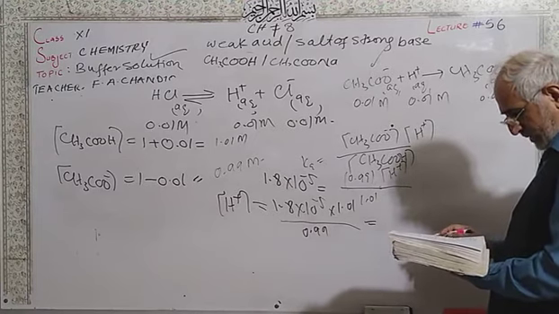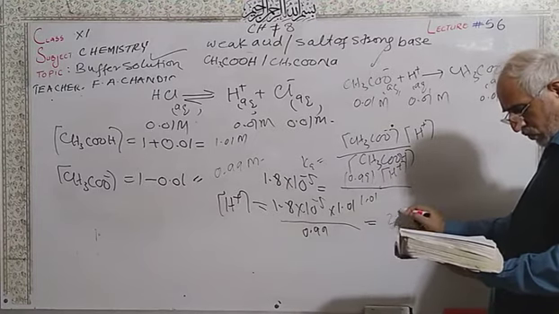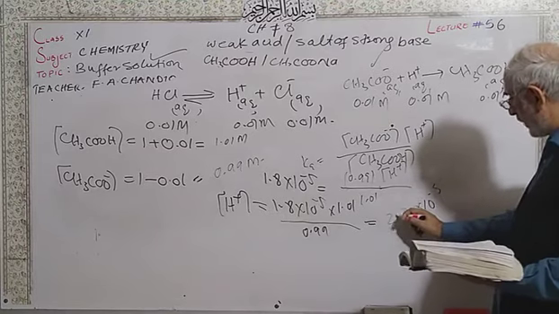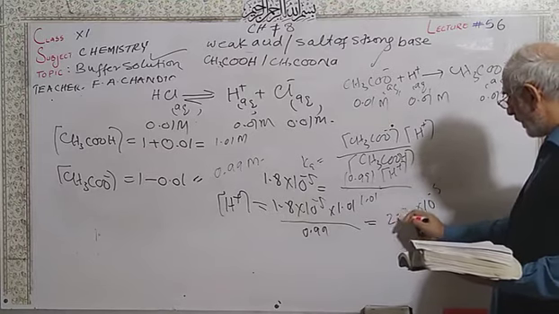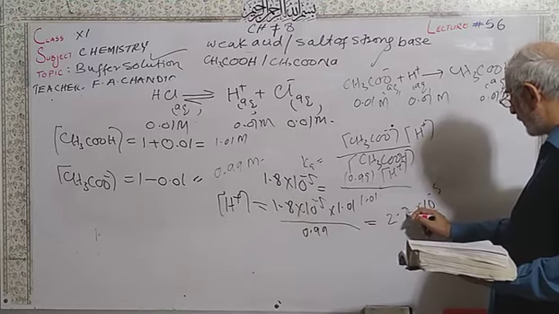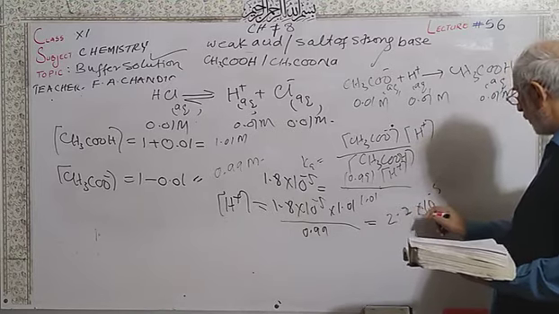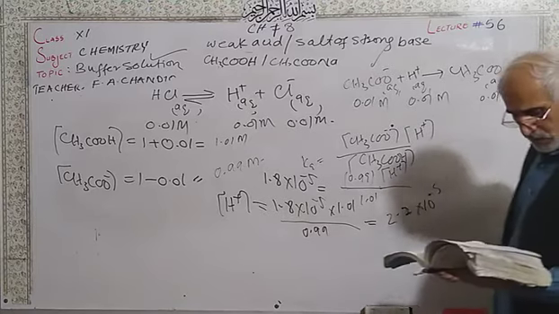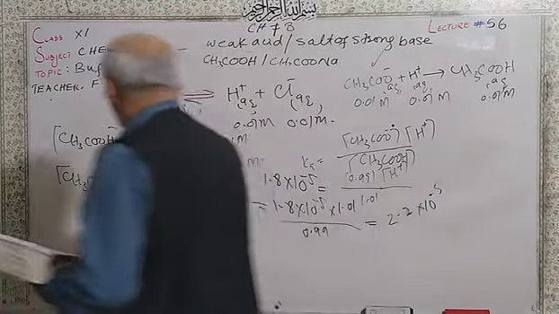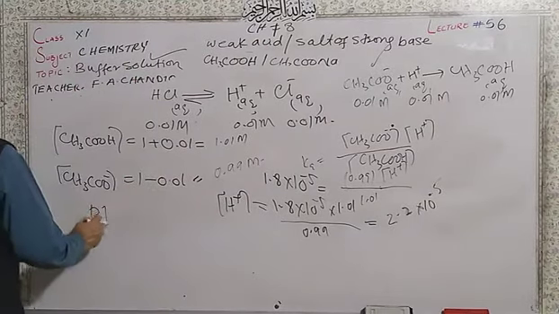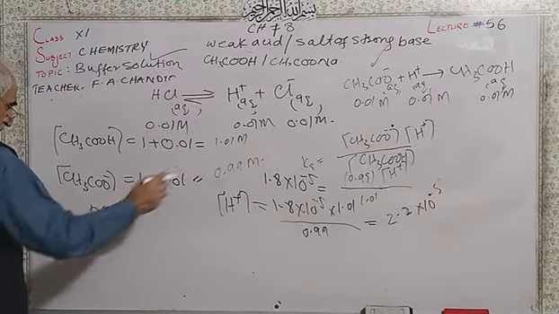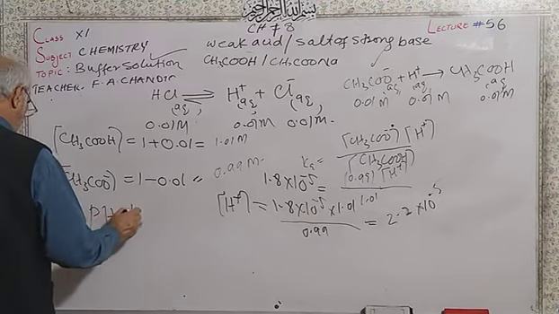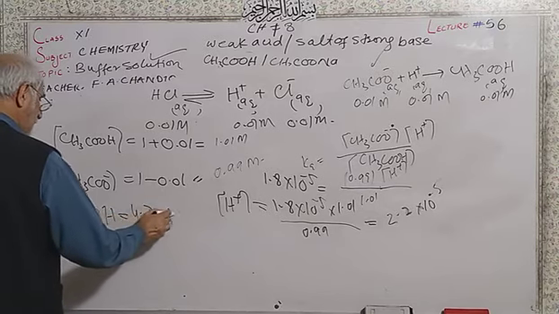That will be 2.2 times 10 raised to the power minus 5. Please calculate yourself using a calculator. If there is a variation, then please correct it. This is the hydrogen ion concentration. So pH is equal to minus log of the hydrogen ion concentration. So solve this using this, and you will get 4.736.